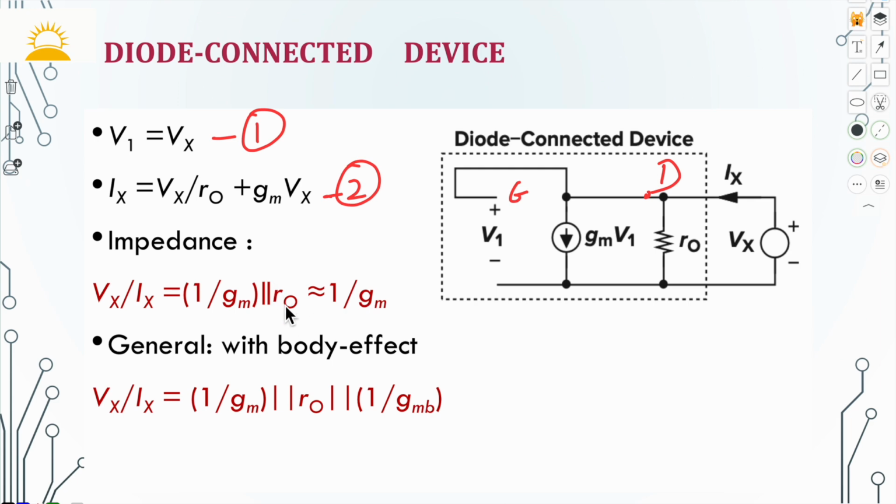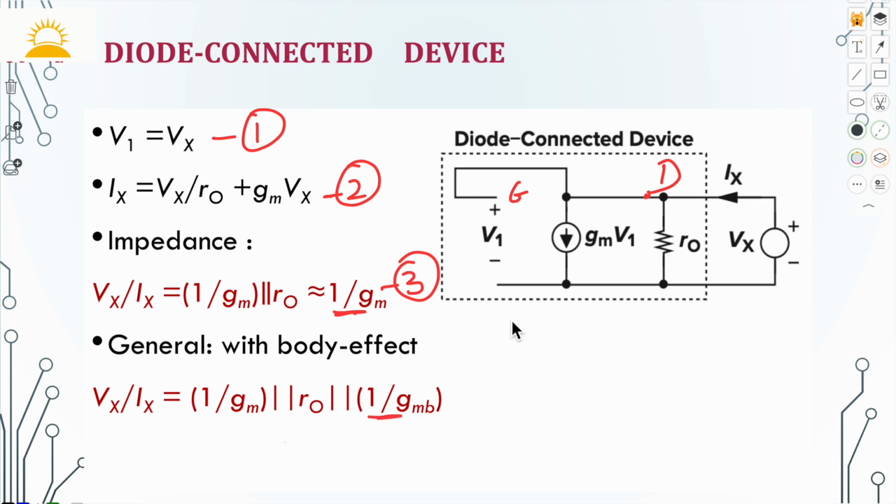This is the channel length modulation resistance and this is the transconductance of the MOS, and since ro is in mega ohm, we can write it approximately as 1 upon gm. Here we have not taken the substrate bias effect. If we count the substrate bias effect or body effect, then the 1 upon gmb factor will also come in parallel in equation 3. So ultimately the output impedance is 1 upon gm parallel ro parallel 1 upon gmb.